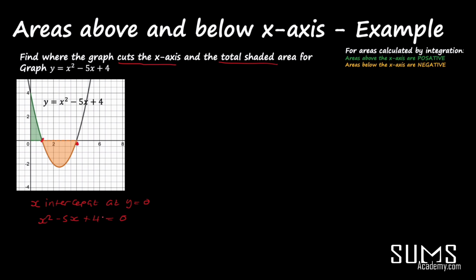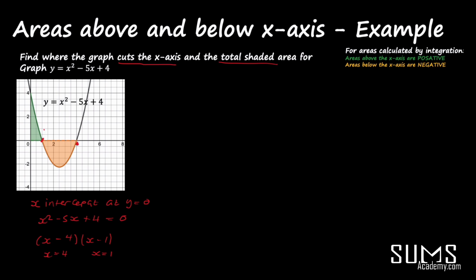I want something that's going to multiply to make 4 and add up to make minus 5. So that's going to be negative 4, negative 1. (x minus 4)(x minus 1). So the roots are x equals 4 and x equals 1.